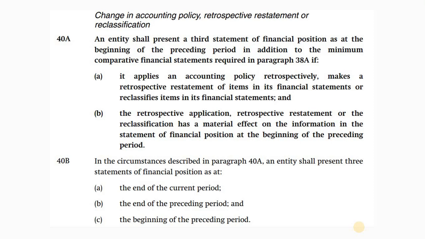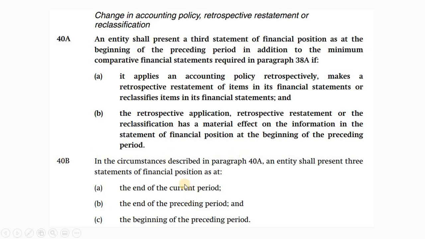The minimum comparative financial statements to be presented should include at least 2 years of financial statements. However, in this situation, the standard requires us to present a third statement of financial position. And what are the statements of financial position to be presented when there is a change in accounting policy, retrospective restatement, or reclassification?